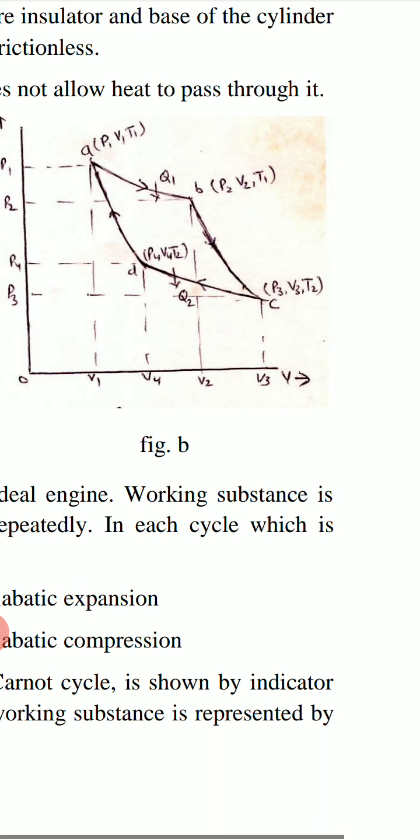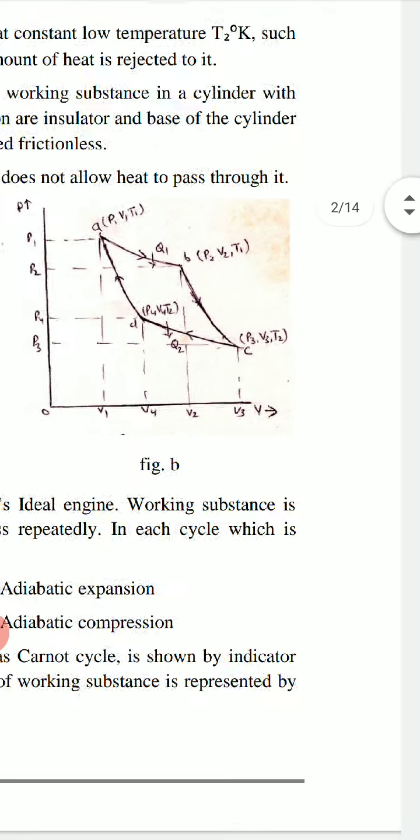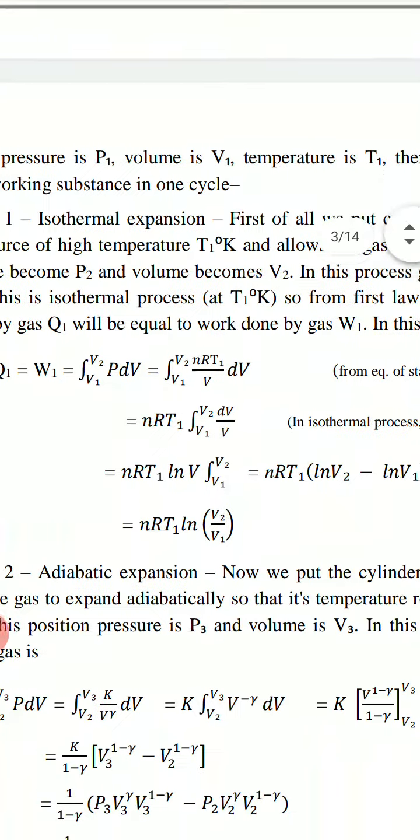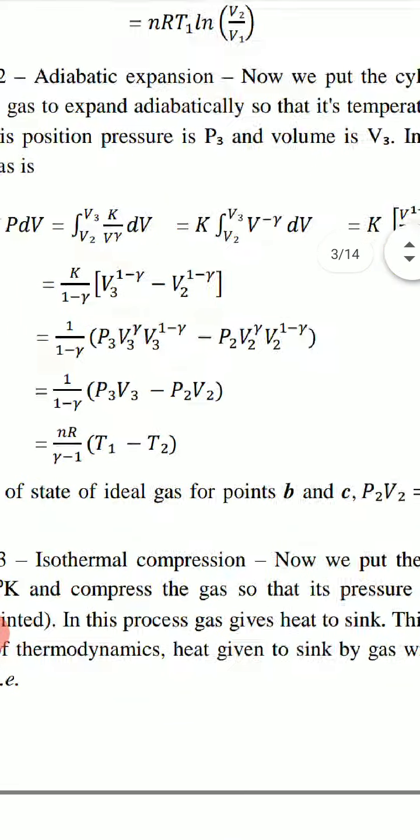So the constant K, PV to the power gamma equal to K, at point B is equal to P2 V2 to the power gamma, and at point C is equal to P3 V3 to the power gamma. We use both these terms.